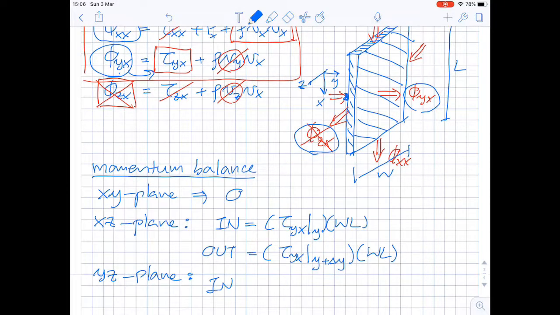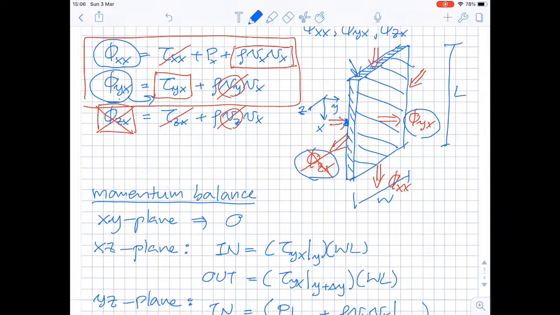So my in term is pressure at x equal to 0, which is located on the top here, plus rho Vx at the same position, multiplied by the area perpendicular to it, and this highlighted area is W times delta y.